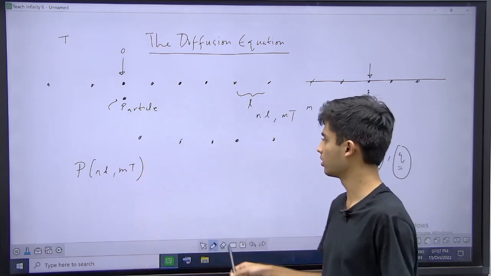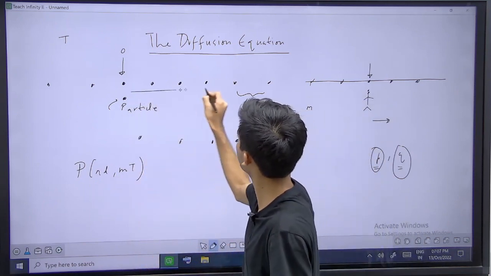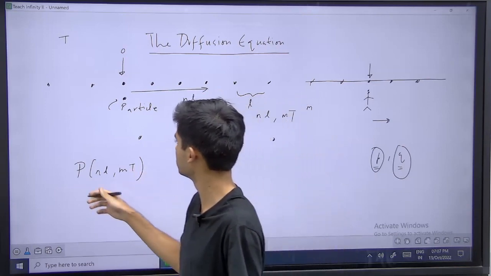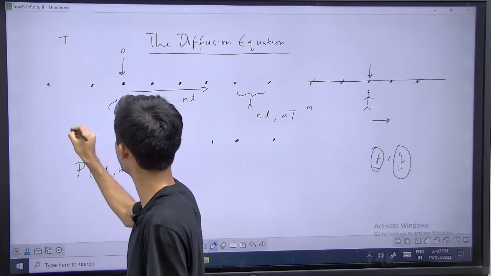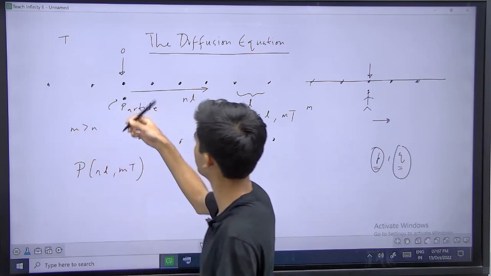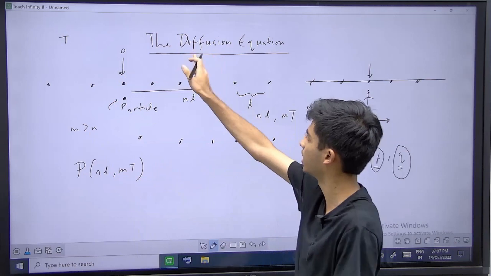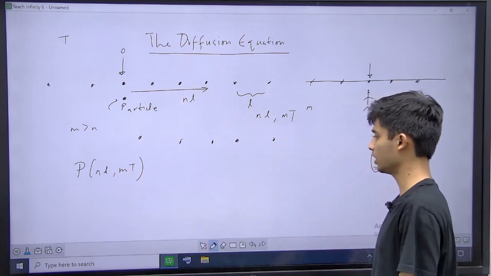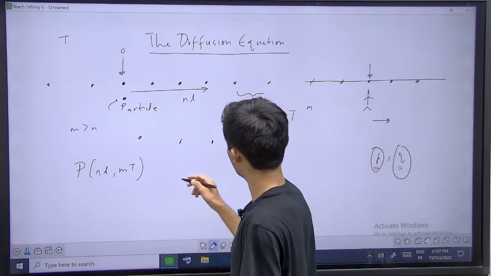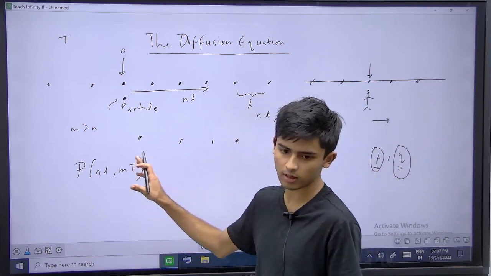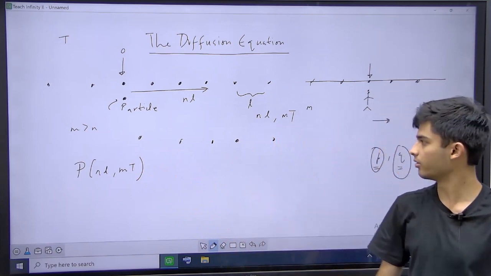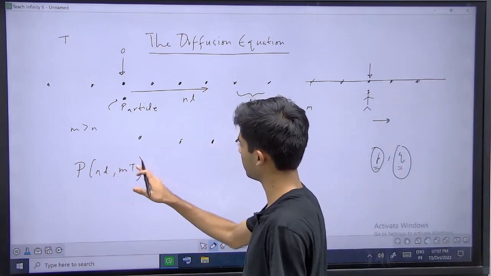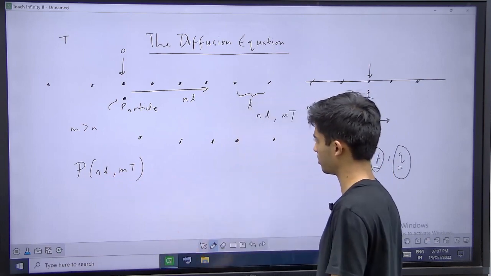So it is at some distance nL after an elapsed time of mT, and we can straight away say that m is more than n, because I started everything at 0 and at time t0, right? Anyways, I want to arrive at a difference equation, or a recurrence relation, however you look at it, for n and m in terms of n minus 1 and m minus 1.